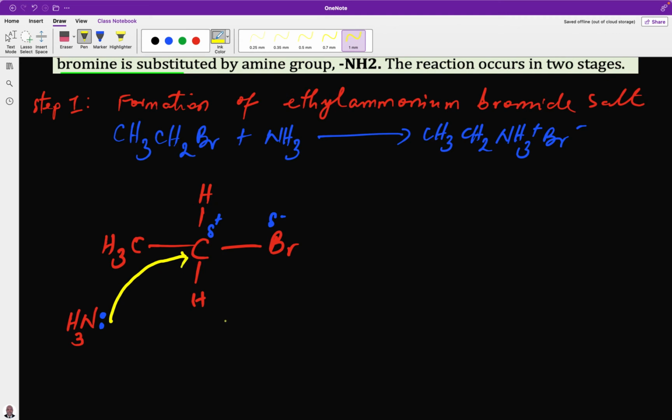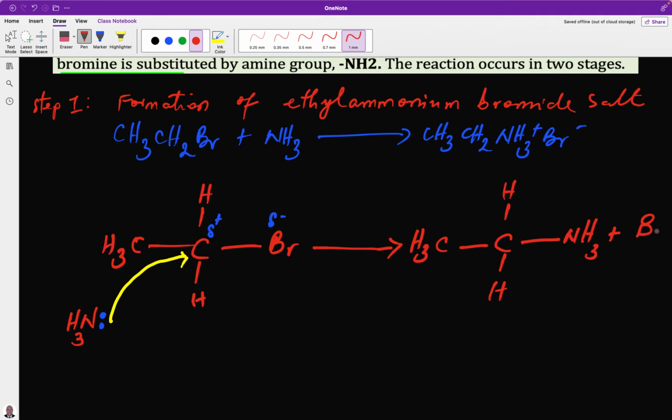That's an attack by the nucleophile, and that results in this salt being formed here.